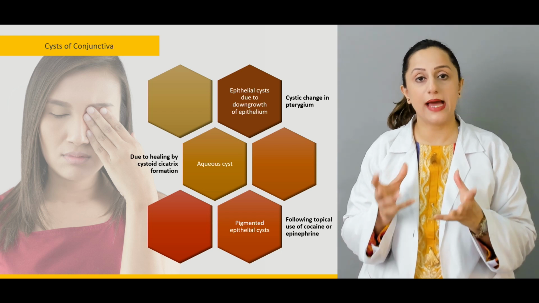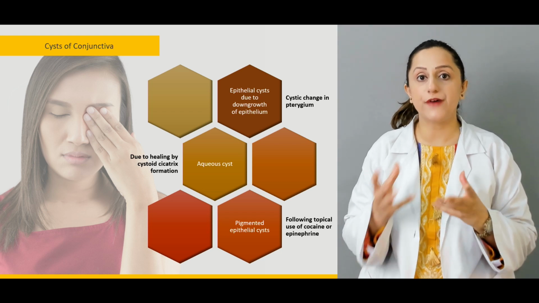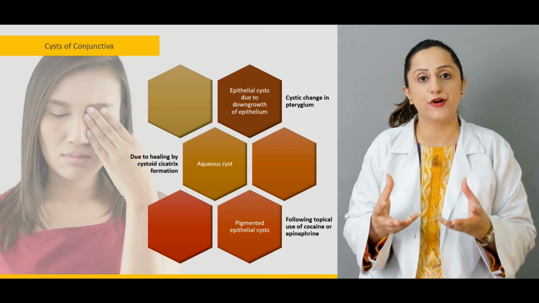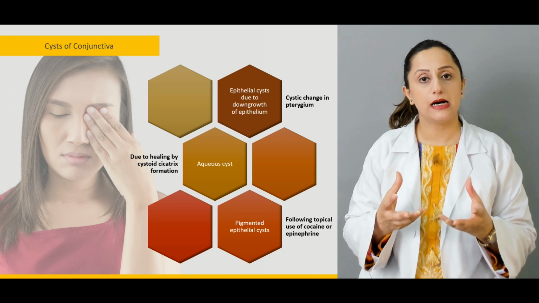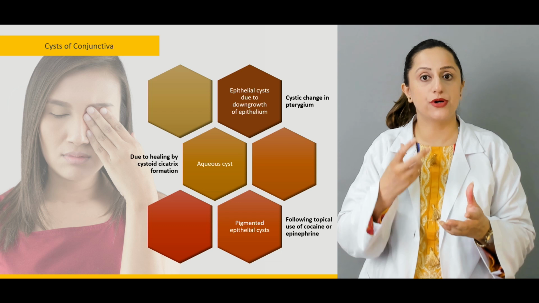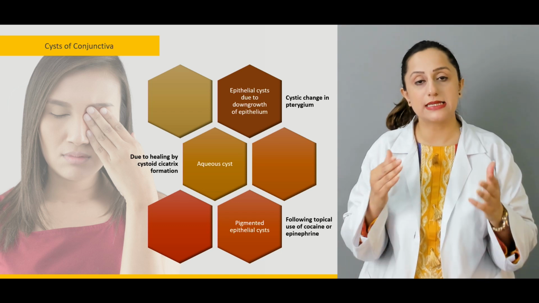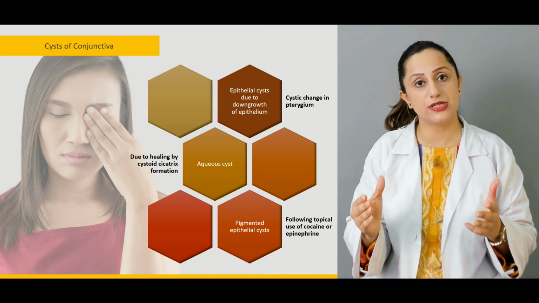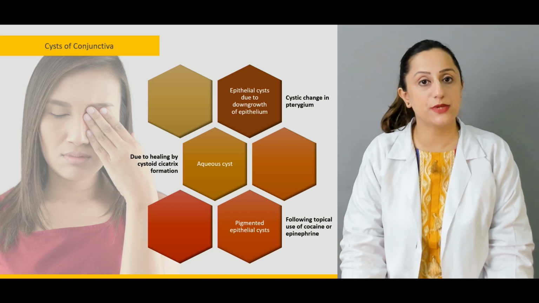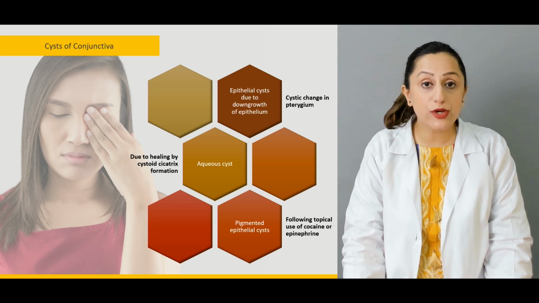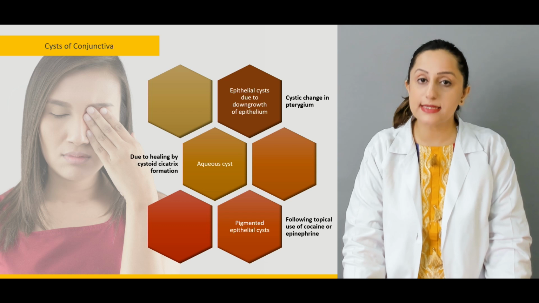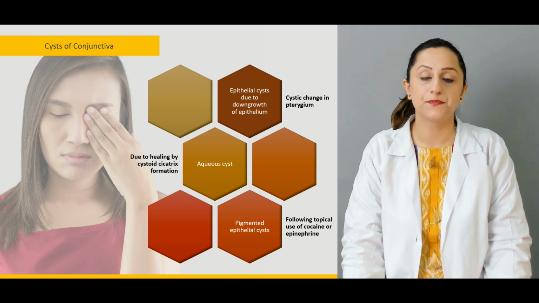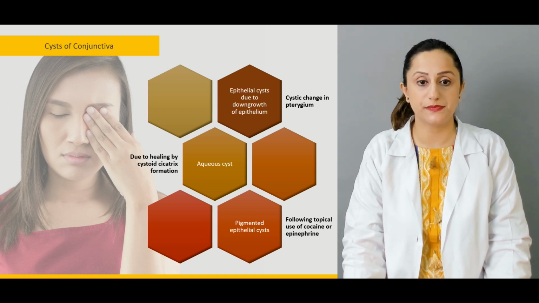These points we have to remember. These etiological factors make it quite easy for us to jot down the exact points of history taking whenever we have patients with cystoid degeneration or a cyst that has formed in the conjunctiva of the individual.